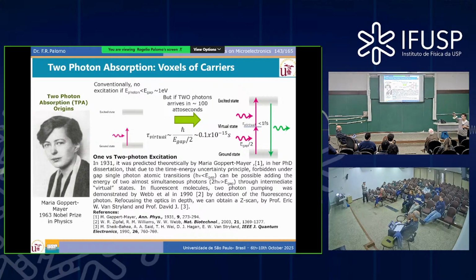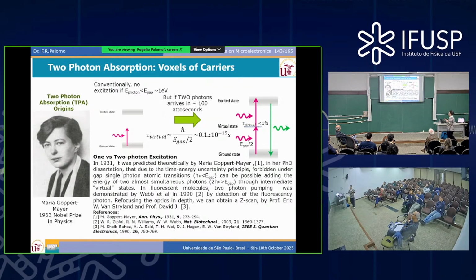The electron stays floating in momentum space for less than 1 femtosecond, and if while floating there it receives another kick, it will jump to the conduction band.